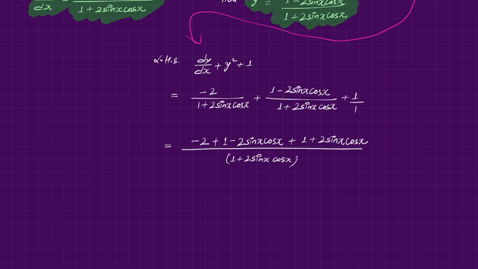Here, as you can see, plus 2 sin x cos x and minus 2 sin x cos x get cancelled, and plus 1 plus 1 gives plus 2, which cancels with minus 2. Hence we are getting 0 by 1 plus 2 sin x cos x, which equals 0, and that is our right hand side, hence proved.